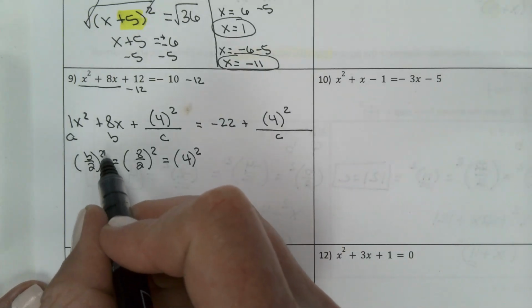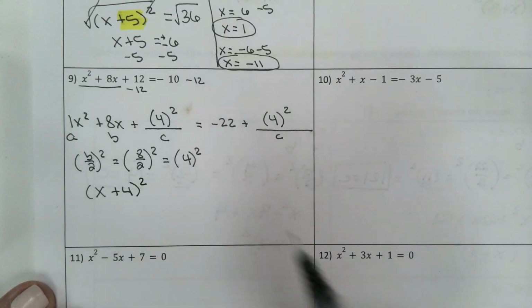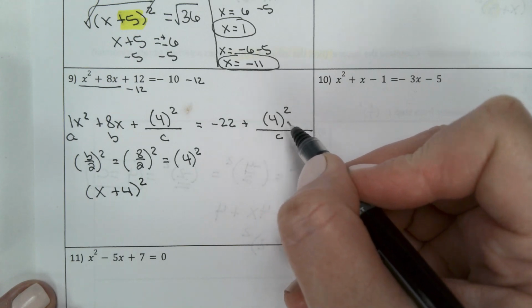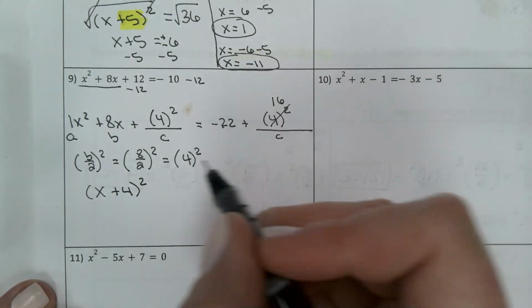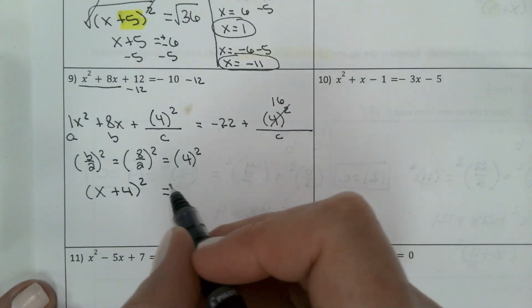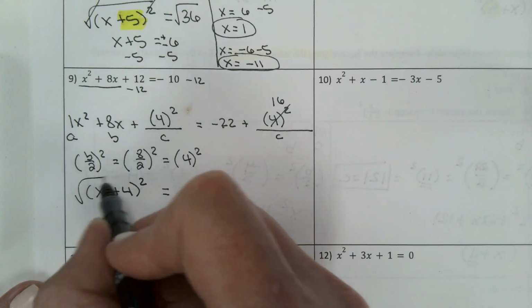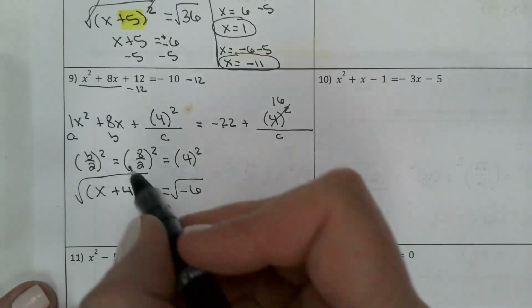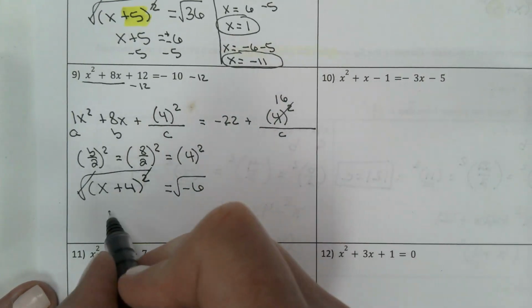On the left side, I know now that this factors as x plus 4 quantity squared. On the right, 4 squared is 16. Negative 22 plus 16 adds up to negative 6. We take the square root of both sides because radicals cancel out exponents.